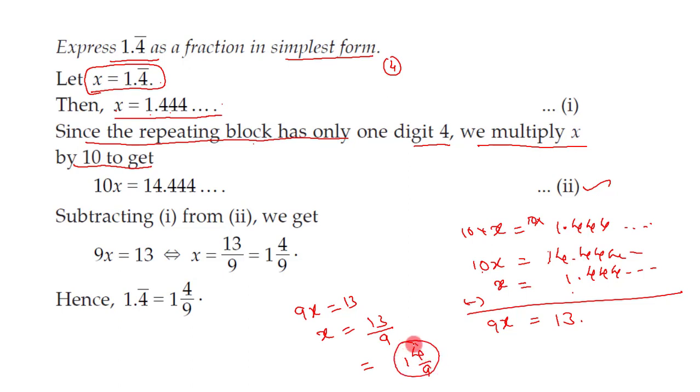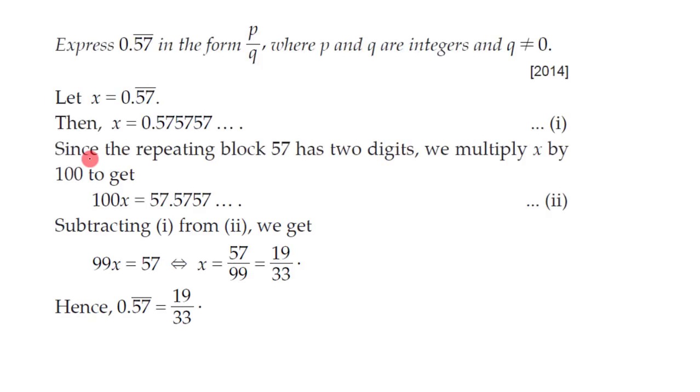This is how to write a non-terminating repeating decimal in the form of p by q. Here, as only one digit is repeating, we multiply by 10. If two digits are repeating, then we need to multiply by 100. Let us see that example.